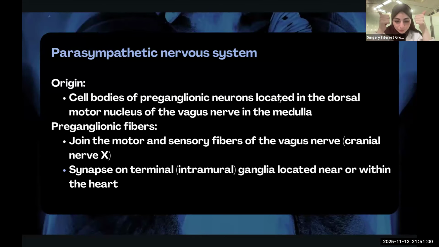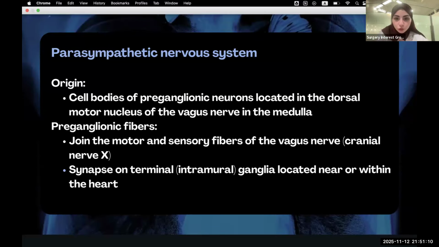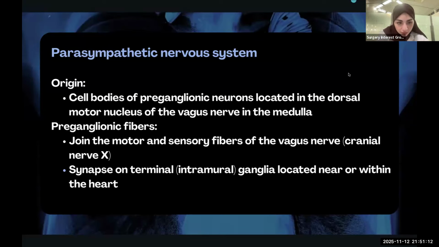Make sense? So again, we have the collection of cell bodies in the medulla, in the brain stem. Just know that it's going to be the dorsal motor nucleus of vagus. And then it's going to give out fibers. That specific fiber is going to be the vagus nerve. It's a mixed motor and sensory nerve.